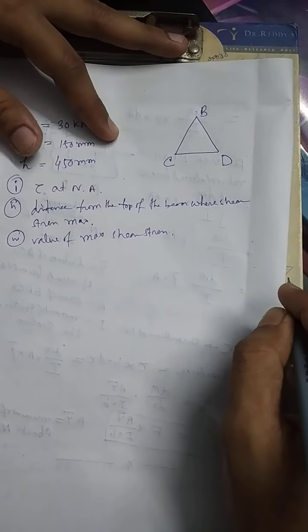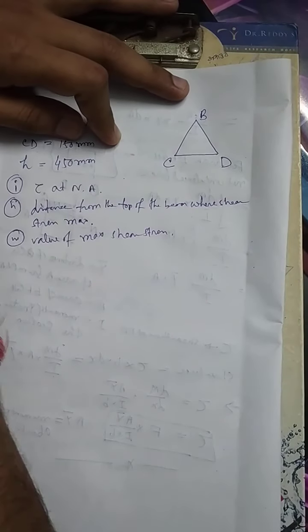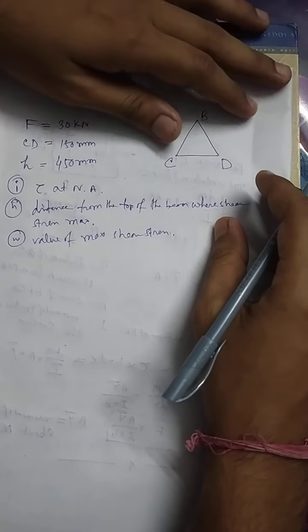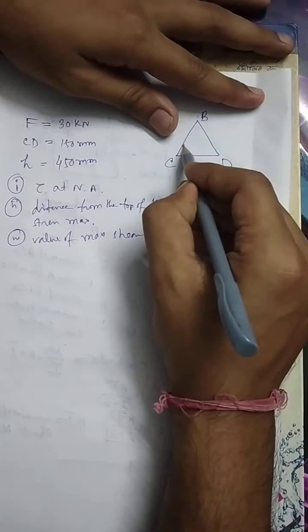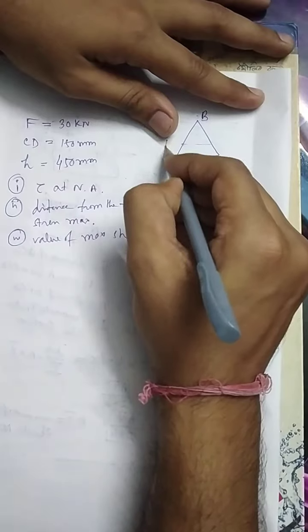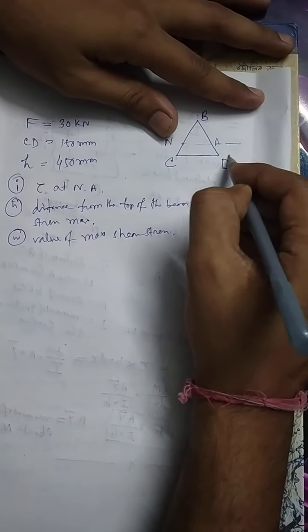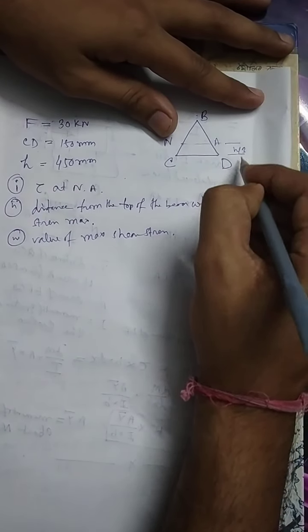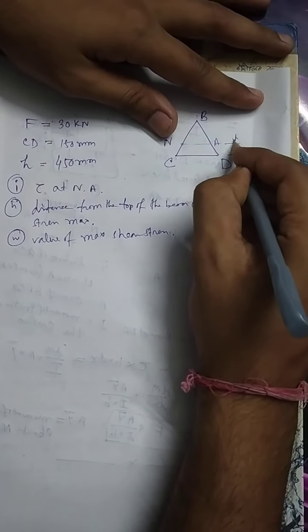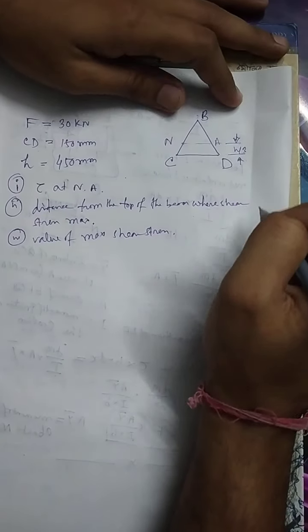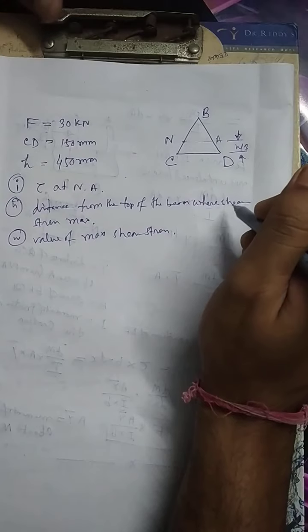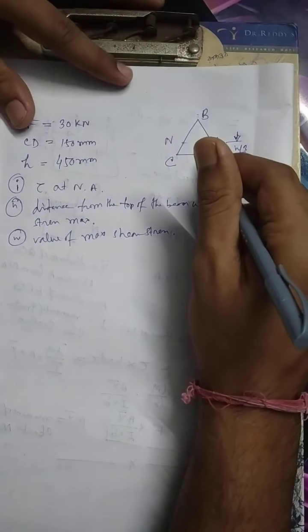This is our problem. So its neutral axis will be at a distance of h/3 from the bottom. So our first job is to find out tau.